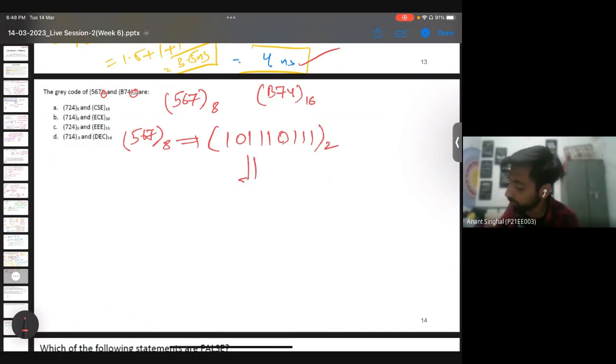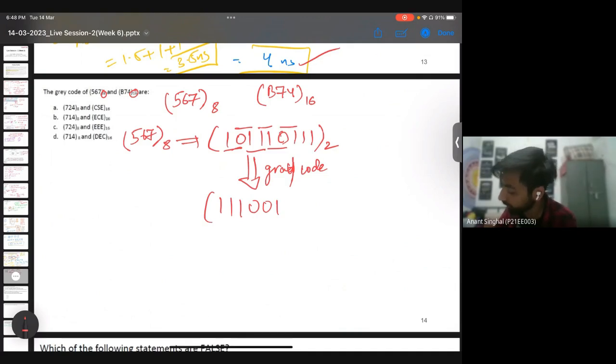Now we need to convert it to gray code. In gray code, we leave the first bit as it is, then we XOR consecutive bits. So 1 XOR 0 is 1, 0 XOR 1 is 1, then 1 XOR 1 is 0, 1 XOR 1 is 0, 1 XOR 0 is 1.